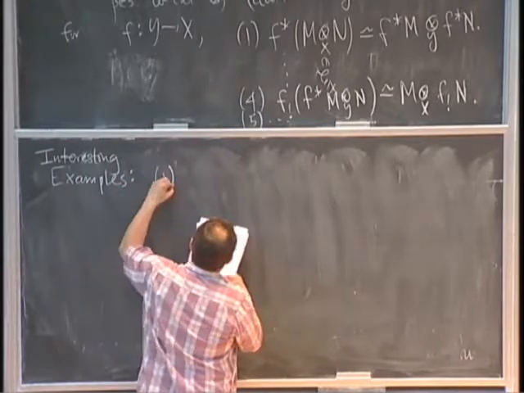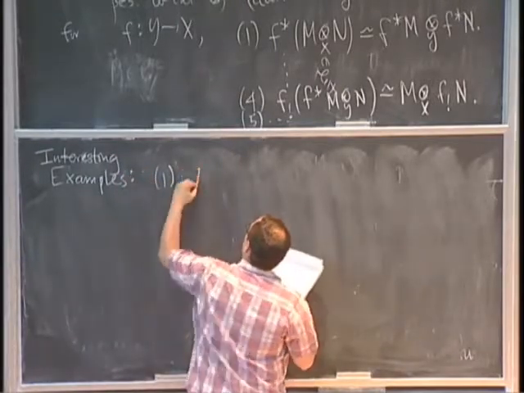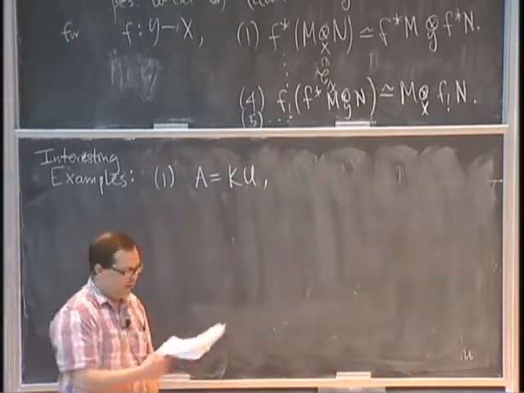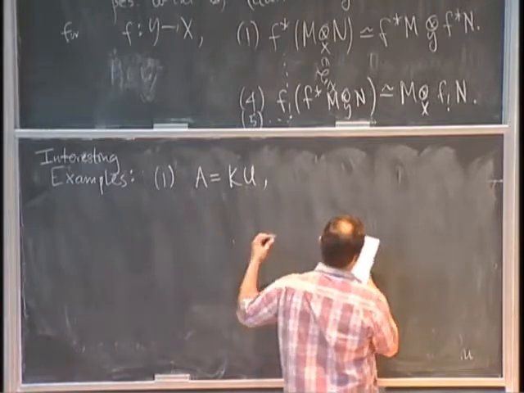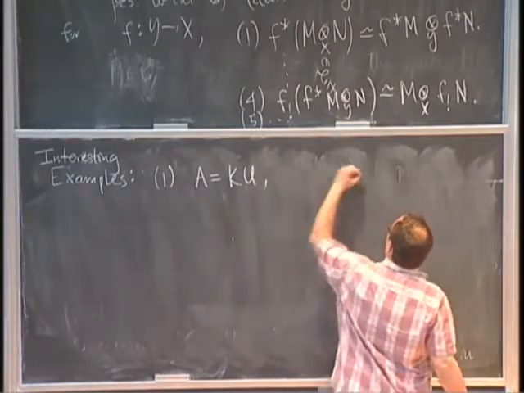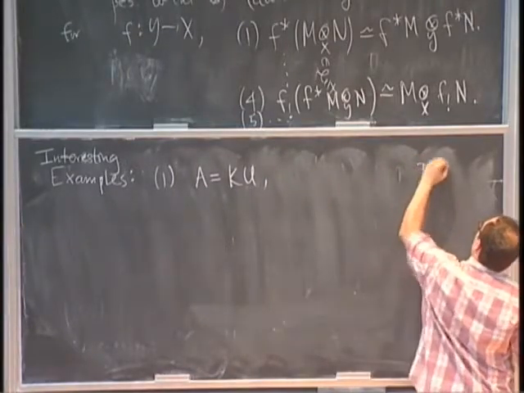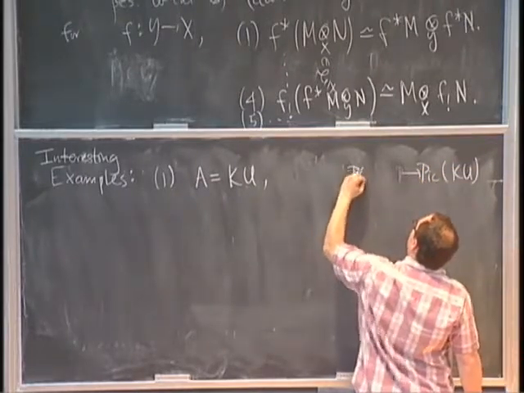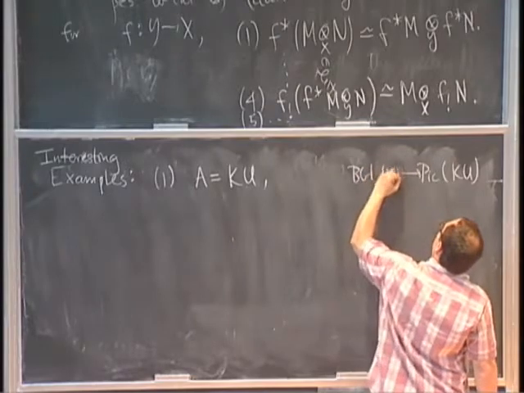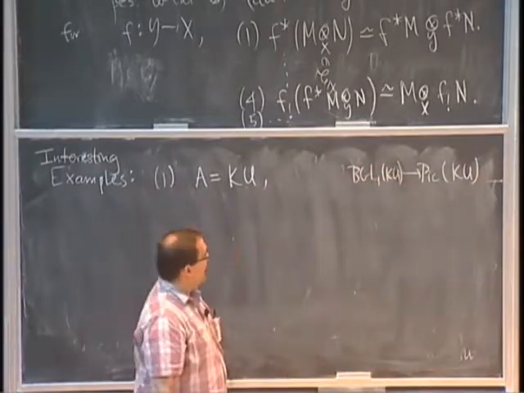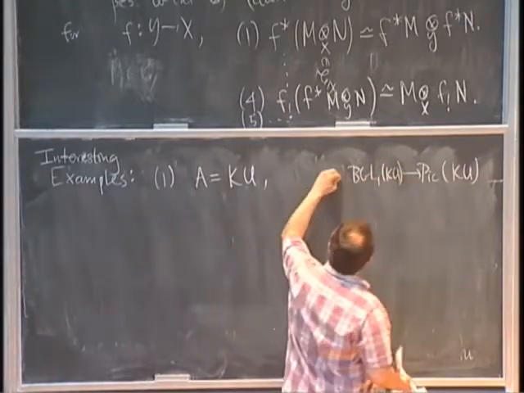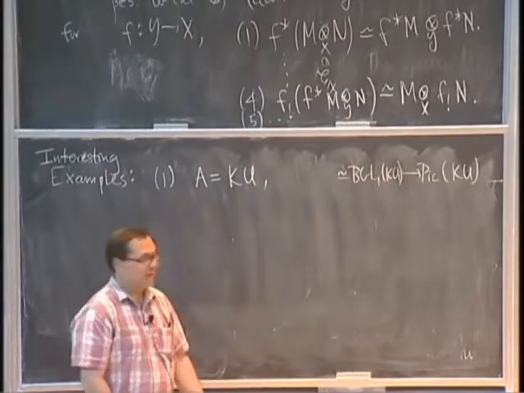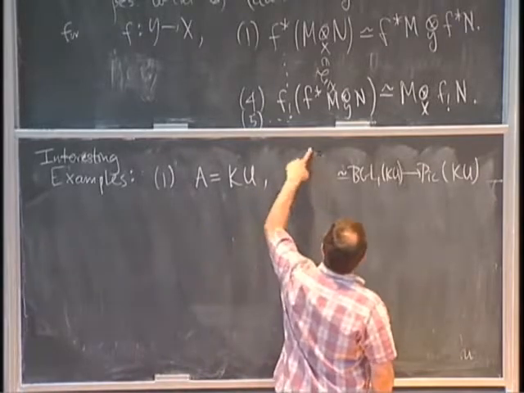so first, let's take A to be Ku, the complex K theory spectrum, and we have Pic of Ku that receives a map from BGL1 of Ku. And we know what this looks like. I'm not going to write it as an E infinity space.